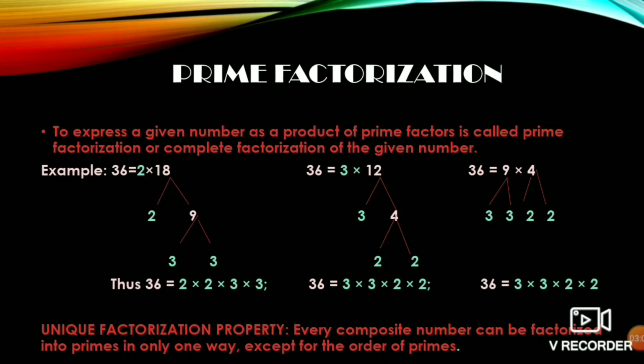This is same as the first two cases. That is, 2 is coming 2 times and 3 is also appearing 2 times. This implies that the factors may be arranged differently, but in fact they are the same. This property is known as the unique factorization property.